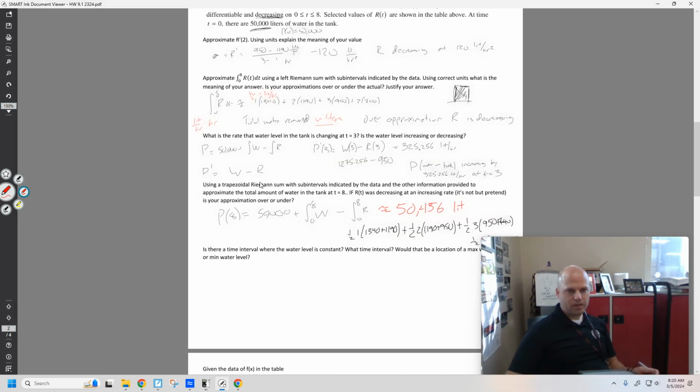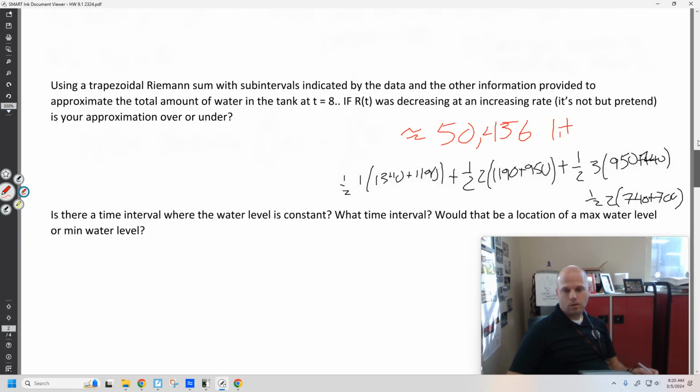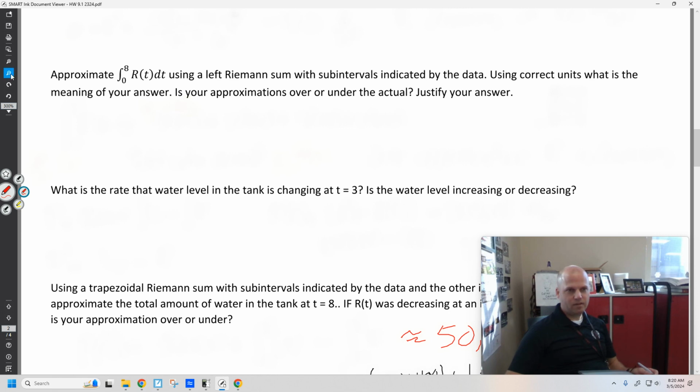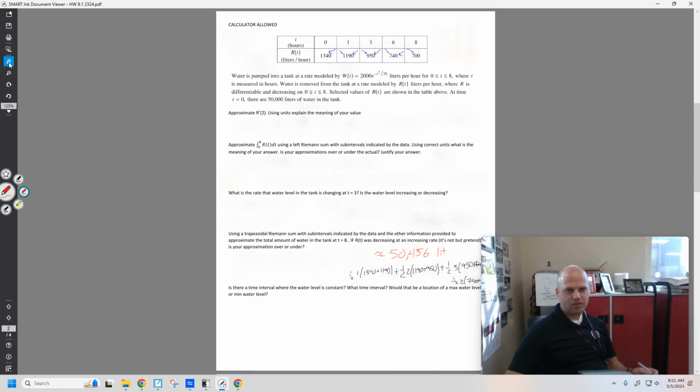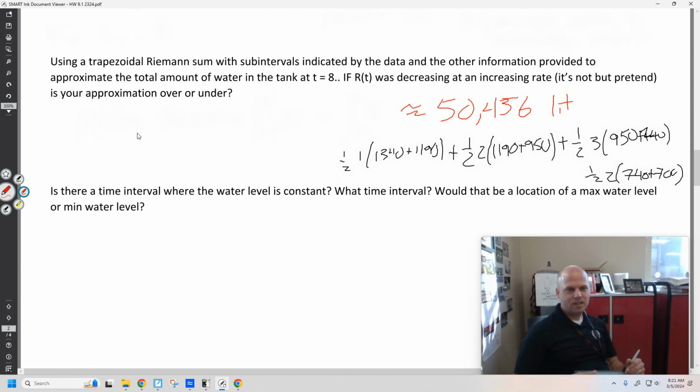All right, let's talk about this. It's so funny, all my stuff just disappeared. Well, that's what happens. If R is decreasing at an increasing rate, so R is going down, R's rate is going up, which means R double prime is positive, which means R is concave up.